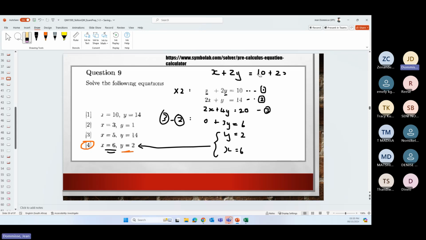So let's just first take that on its own. Whatever you're going to do on the left hand side, you must do on the right hand side as well.